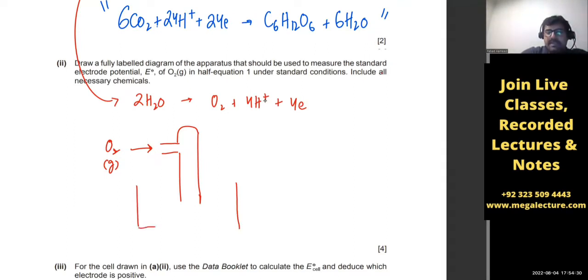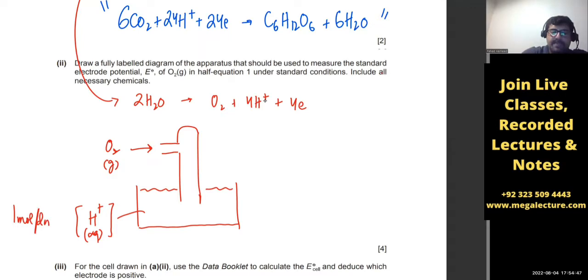So you'll have a beaker with H+ ions, aqueous, and their concentration is going to be 1 mole per dm cube. You have to mention that. It has to be properly labeled. This is about drawing electrodes. Water is by default there, so you don't have to mention water, but you'll have to add an inert electrode, which will be made from platinum. That's the first part.